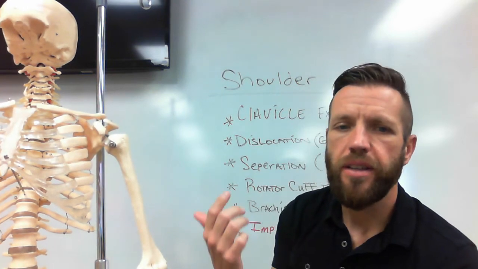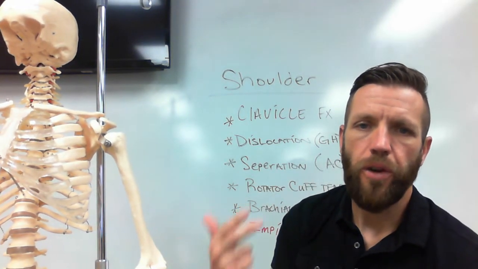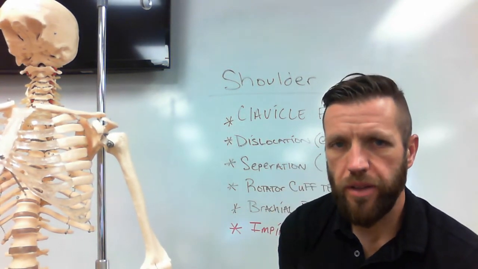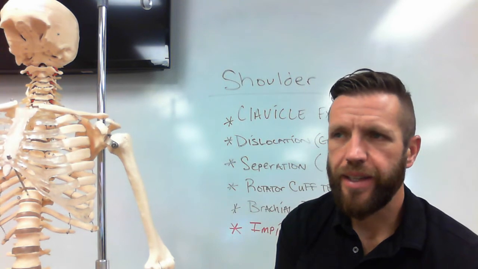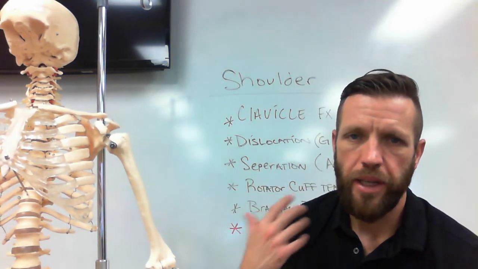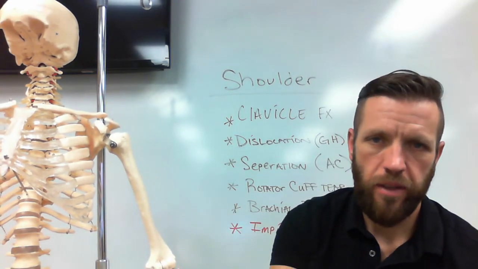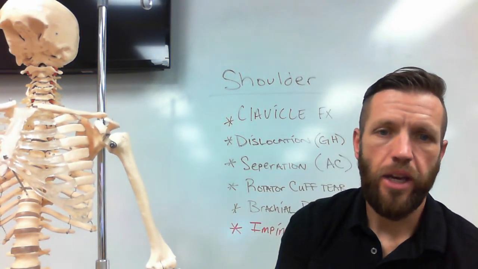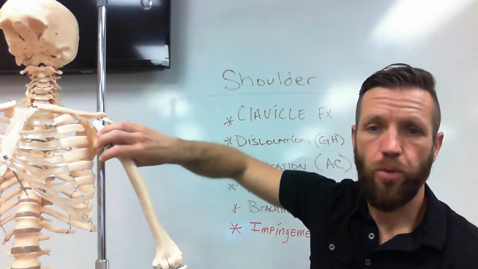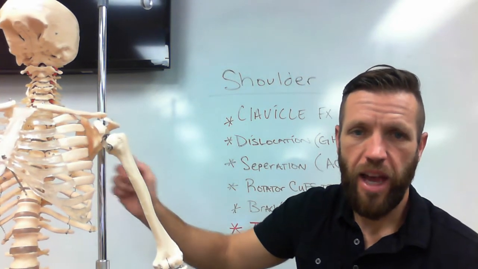Next on our list is dislocation and separation. I want to bring these to the forefront together because these terms are sometimes presented synonymously in layman talk amongst people in athletics. So I want to give it specificity and say that a dislocation happens at the GH or glenohumeral joint, which is right here where the humerus interfaces with the glenoid, remember, at the scapula.